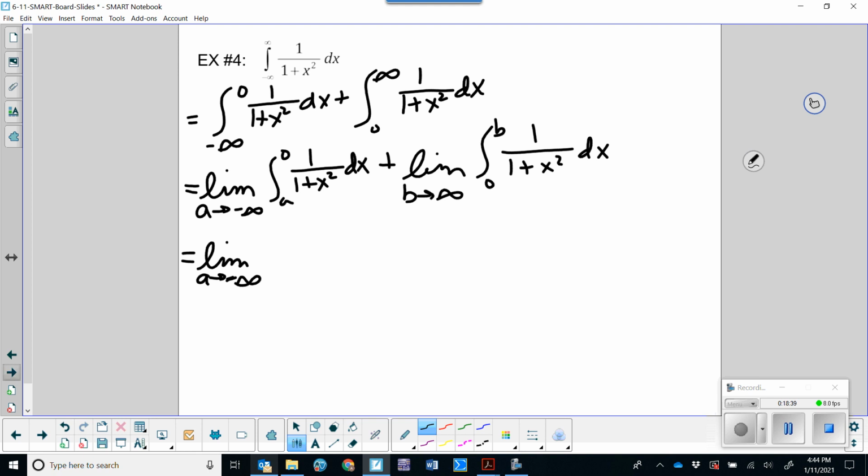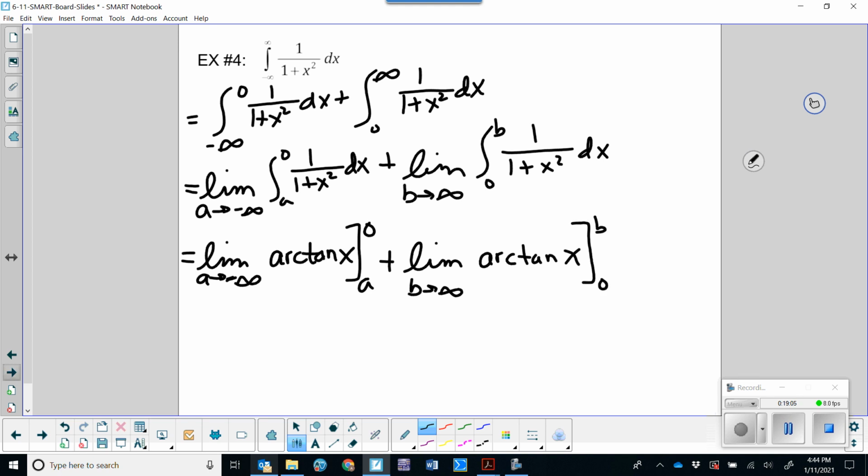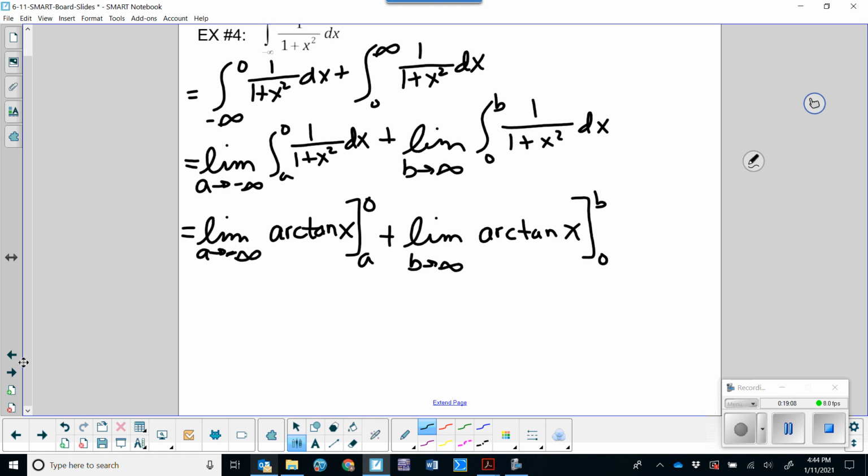Well, I hope we recognize 1 over 1 plus x squared as being arctangent or tangent inverse. So it's exactly arctangent of x, and we're going to evaluate it from a to 0. Plus, again, write the limit down because I can't do anything yet. 1 over 1 plus x squared, again, is arctangent or tangent inverse, whichever way you want to write it. Arctangent of x going from 0 to b. Now I can't do the limit yet because I haven't substituted anything.